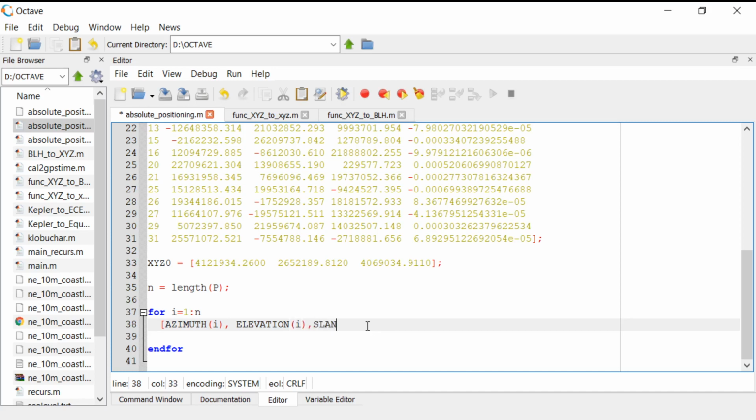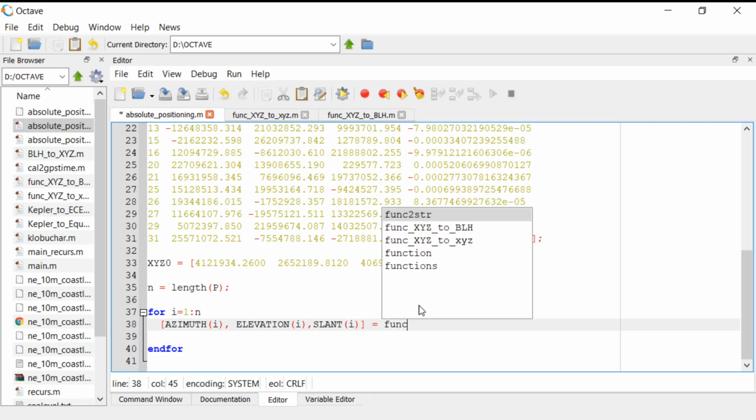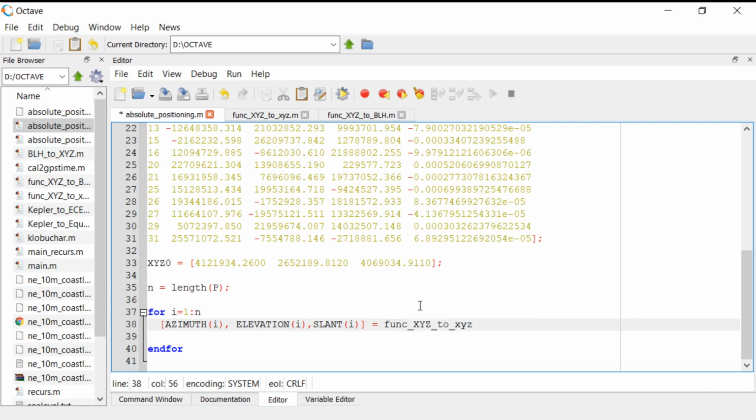The slant distance between my receiver and the satellite, slant distance i. Previously I created a function, xyz to lowercase x, y, z, and for this purpose I need the x, y, z approximate coordinates and the sat coordinates for the ith observation.